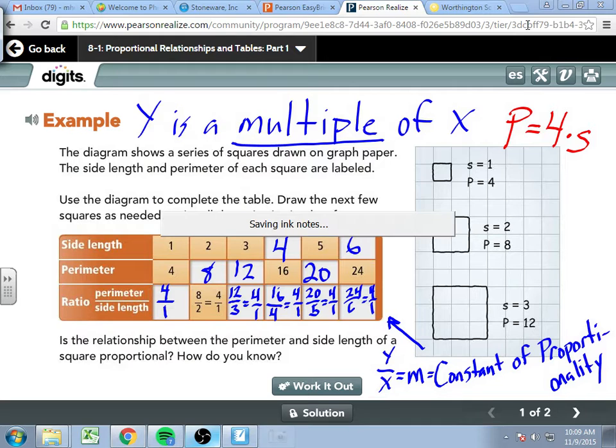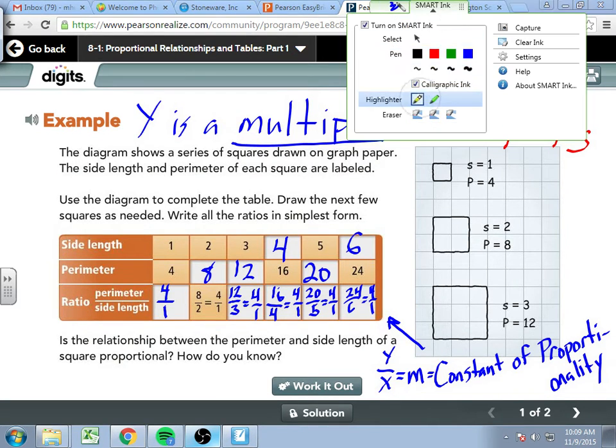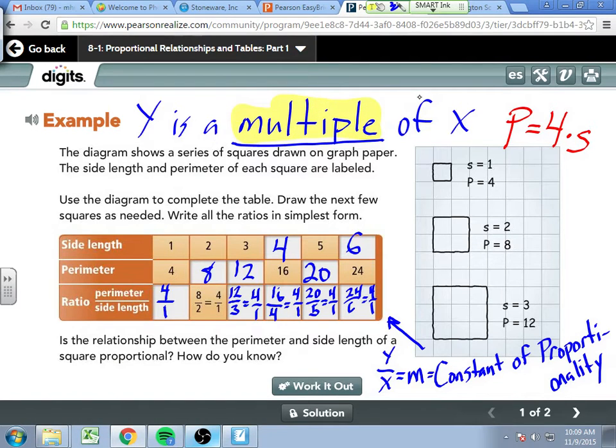It's a fancy way to say multiple. Constant of proportionality is seriously just a fancy way to say multiple. Because it is the constant value that makes those proportional. So here, it's 4. My perimeter is proportional with my side length because it is 4 times my side length.